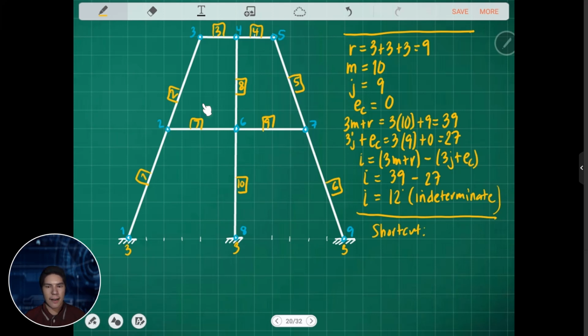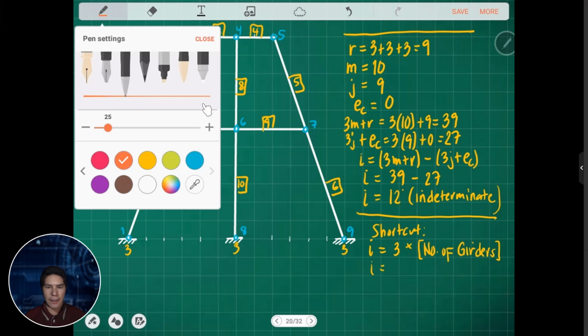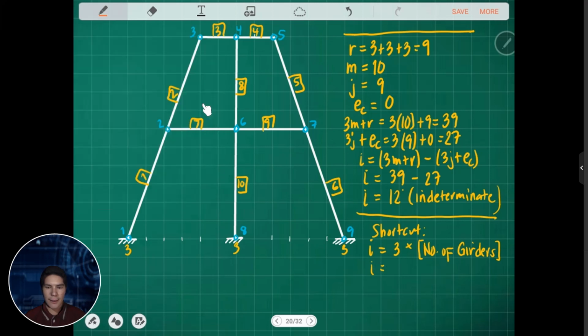Like for this system, the degree of indeterminacy is just 3 times the number of girders or beams. So you just need to count the number of members, the number of girders.